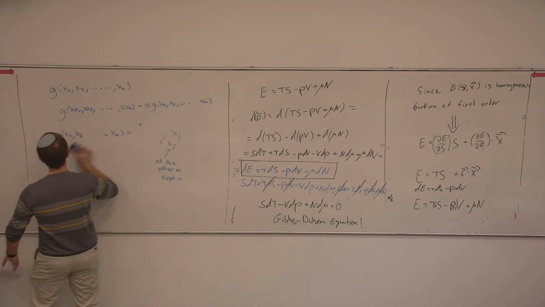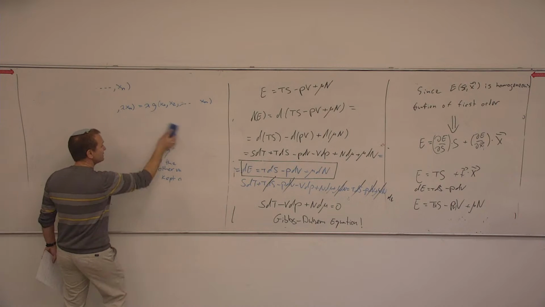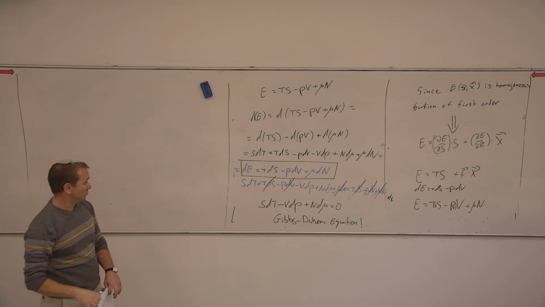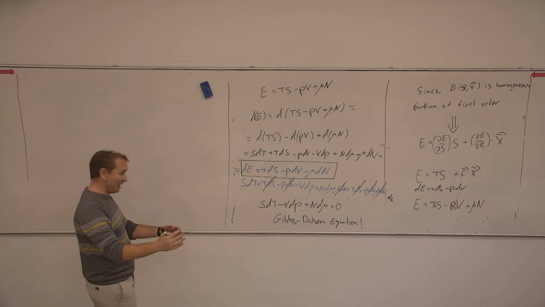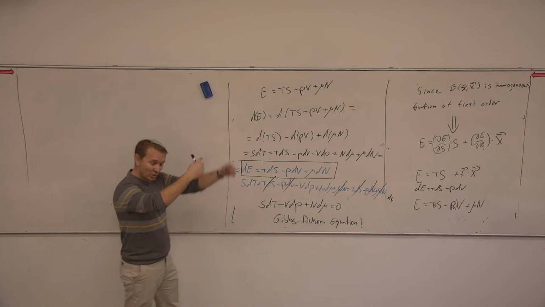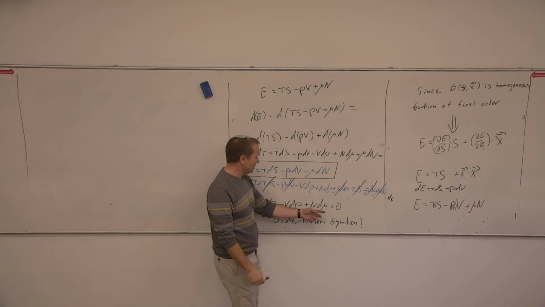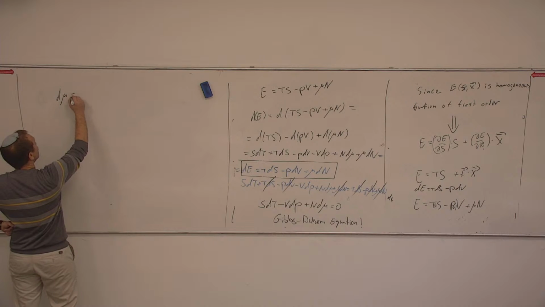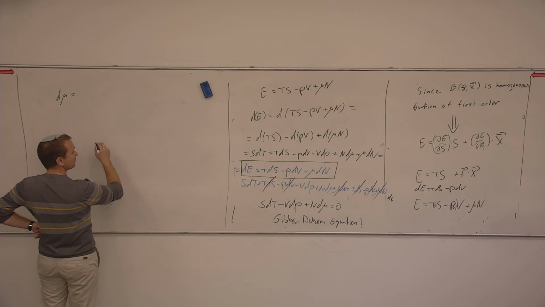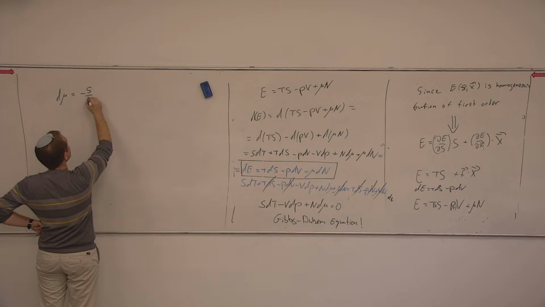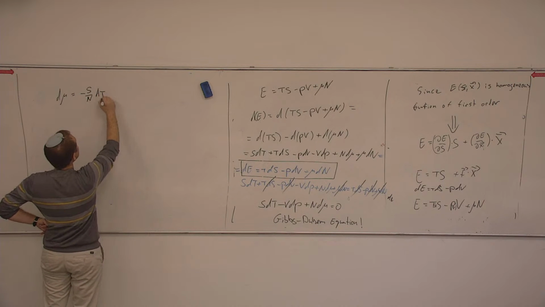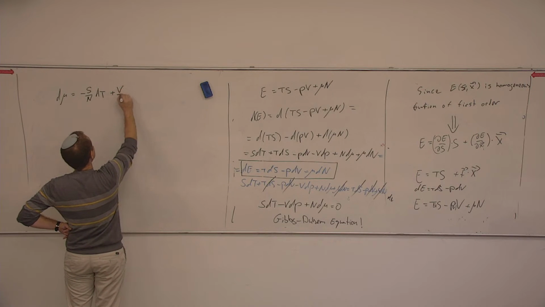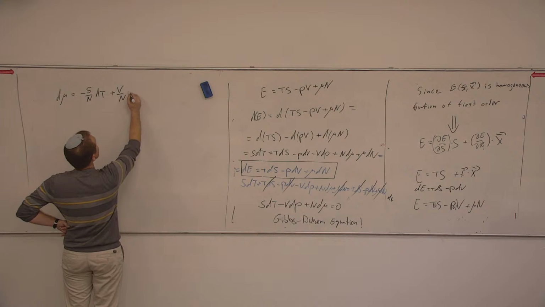Now, why is the Gibbs-Duhem equation important for us? It relates the energy to the free energy, to the Gibbs energy and all this stuff. But in the question of phase transitions, we can write d mu equals minus S divided by N dT plus V divided by N dP.